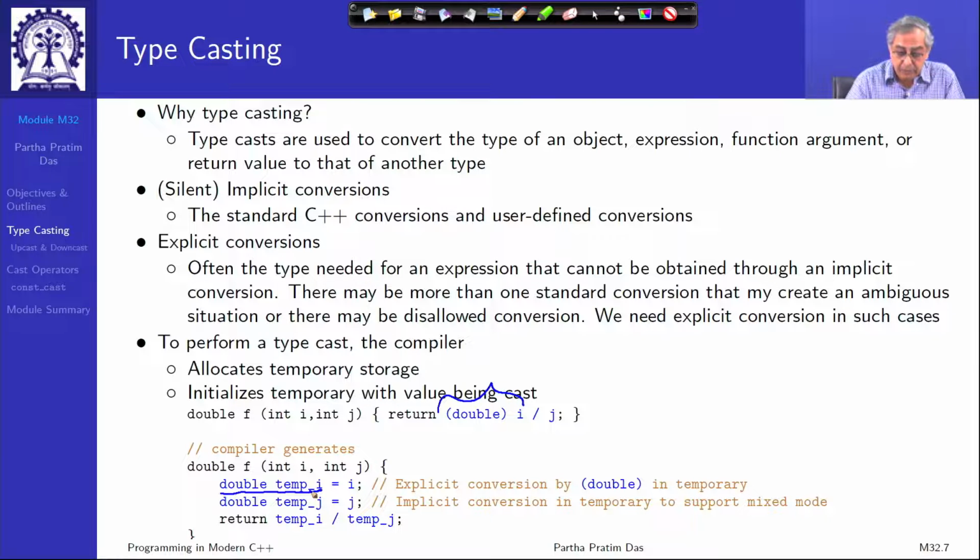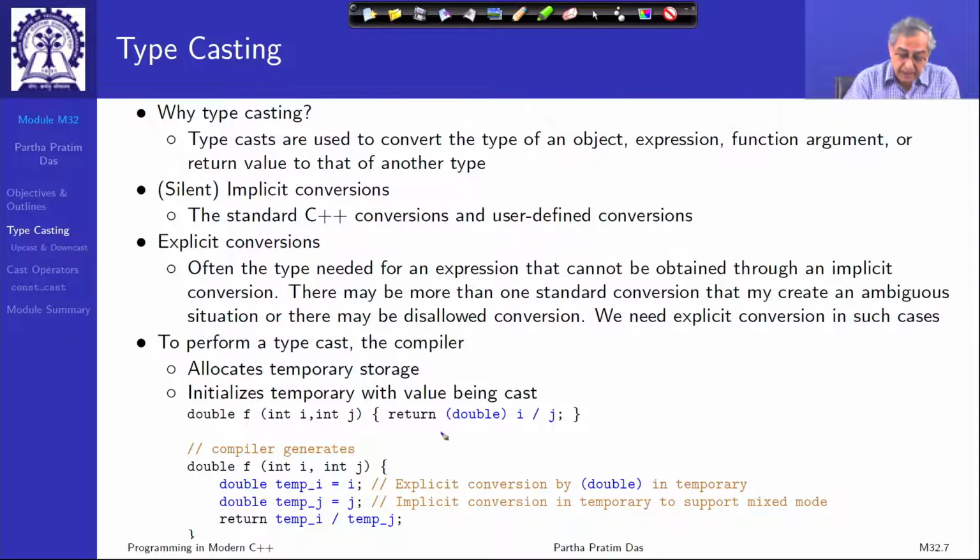So, it will do an explicit conversion based on this instruction of explicit double conversion, and temp I now becomes a double representation of the value carried by I. It may be exactly the same, it may be a little bit different, or it may be substantially different, who knows.